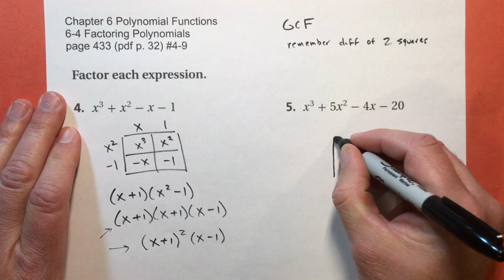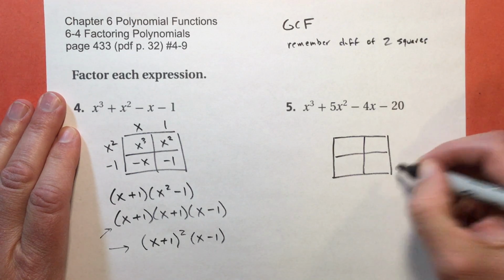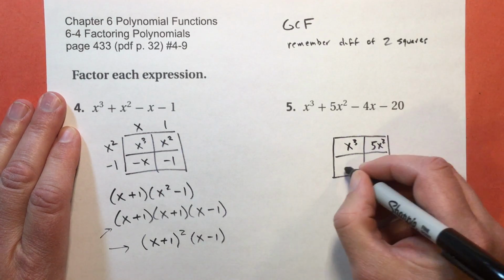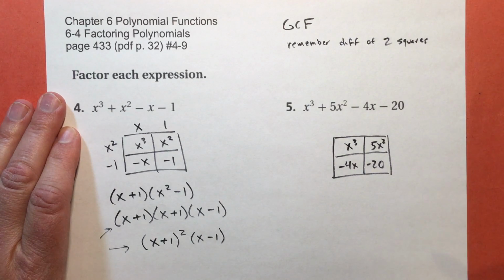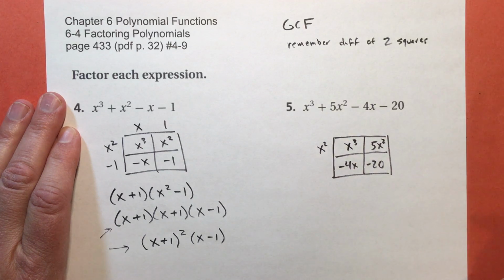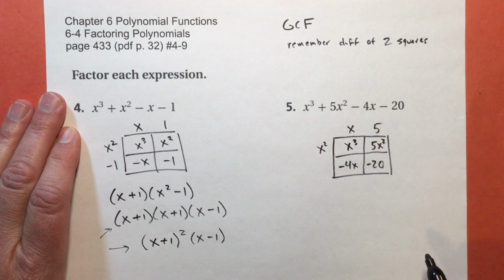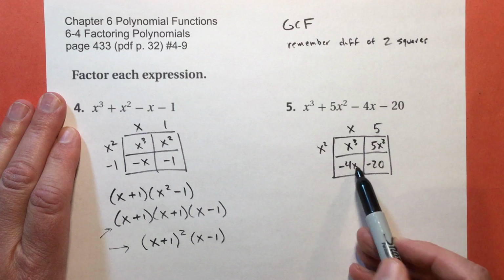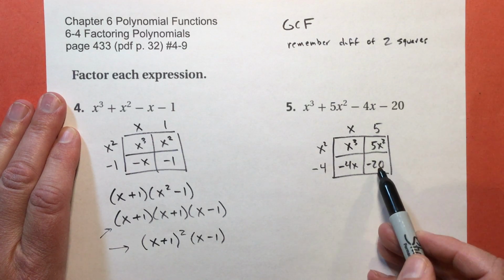All right, let's do this one. I'm going to set up my multiplication chart. I have x to the third, 5x squared, negative 4x, and negative 20. What do these two have in common? They both have an x squared. That leaves the other x and a 5. What do these two have in common? This is negative 4 times x, so I put a negative 4 here. This is negative 4 times 5, which gives me negative 20.